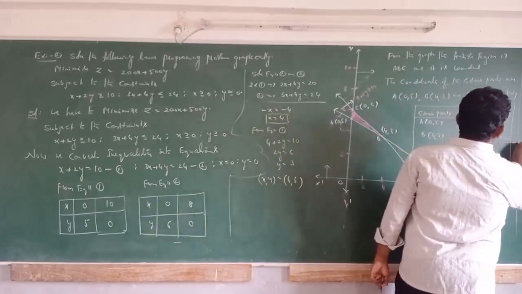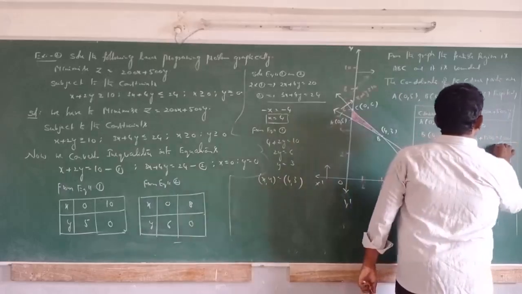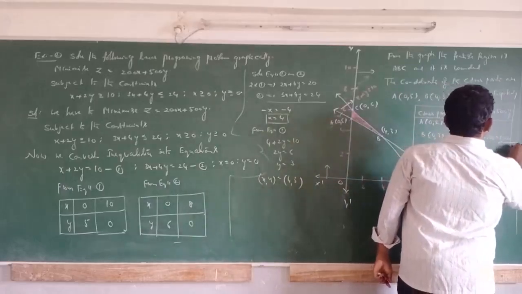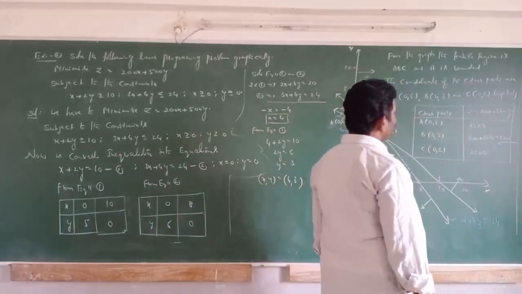Here the minimum value is what? This is the minimum value. So which point is it? That is the output, (4, 3).